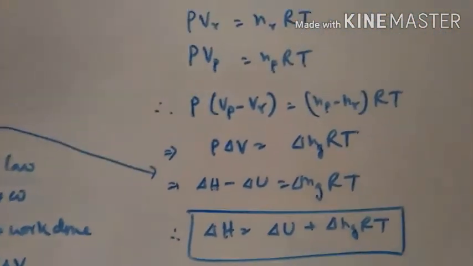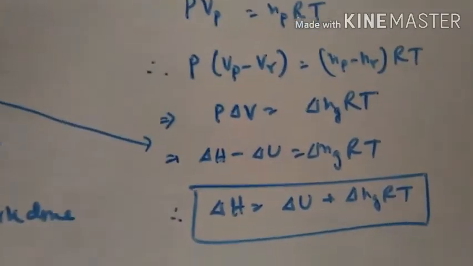This is the basic relationship between delta H and delta U in the system.